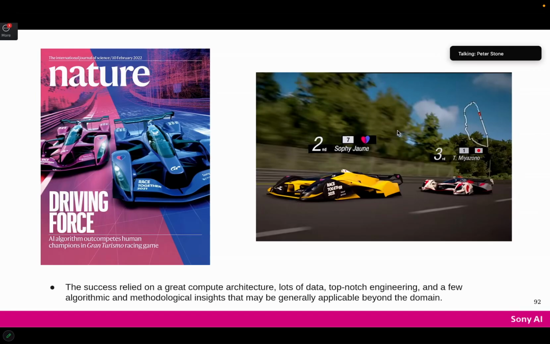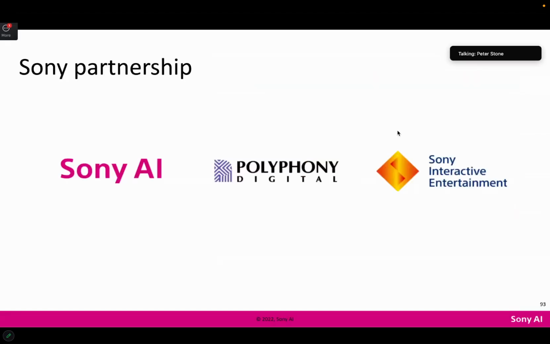I wouldn't say secret sauce, because it's what we published on in the Nature article, but it's the thing that makes it not just raw computation, but lets it get over the edge of being able to beat the best people.